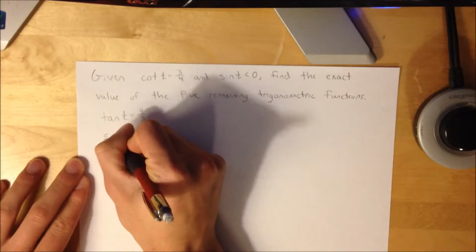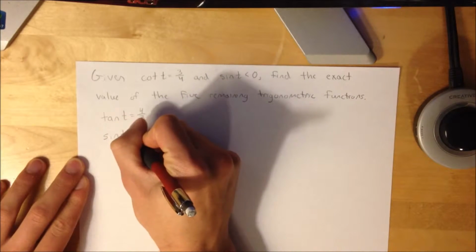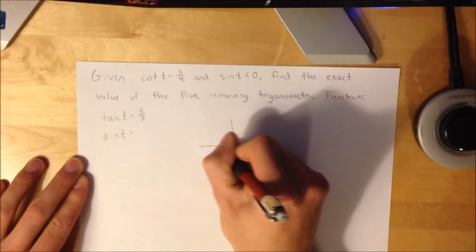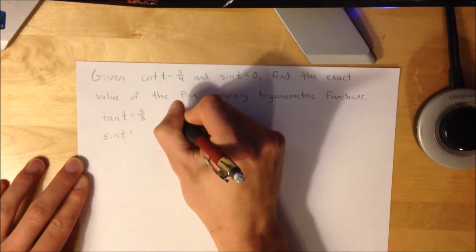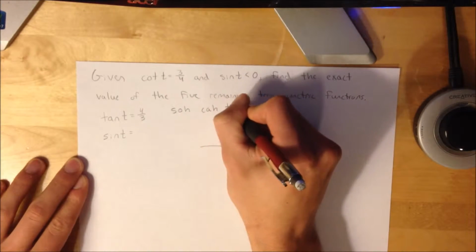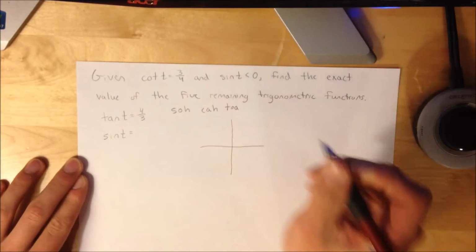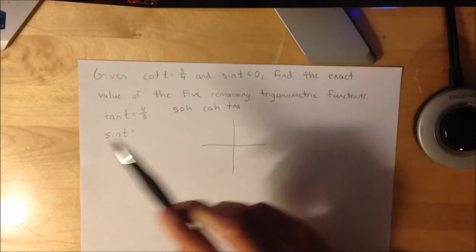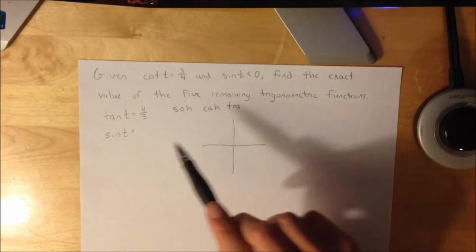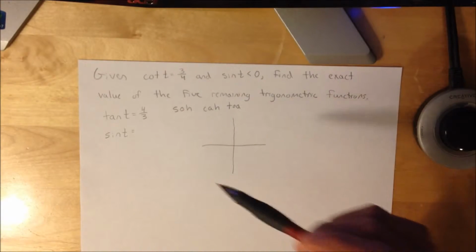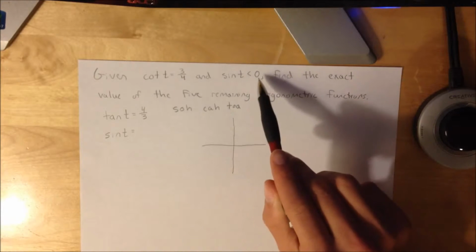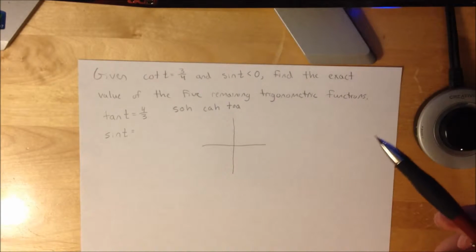Now the sine of t is going to be a little bit tricky because in order to figure out what it is, I have to follow SOHCAHTOA. Now, sine is going to be your outside over hypotenuse, but the hypotenuse can never be negative, and the sine of t is going to have to be negative if it's going to be less than 0.